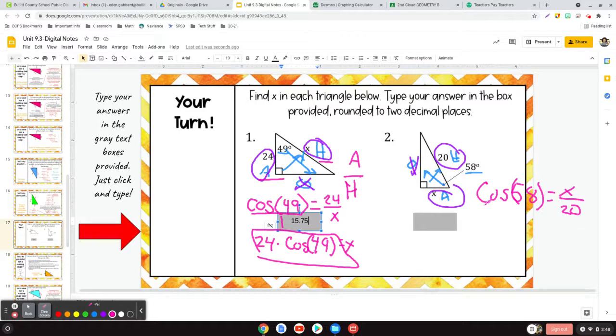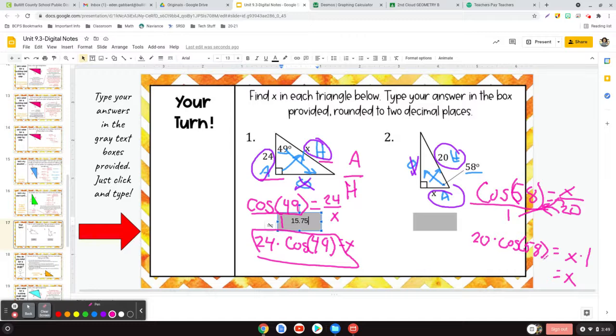So now we put this over 1 and we cross multiply: 1 times x and 20 times the cosine of 58 equals x times 1. X times 1 is x.